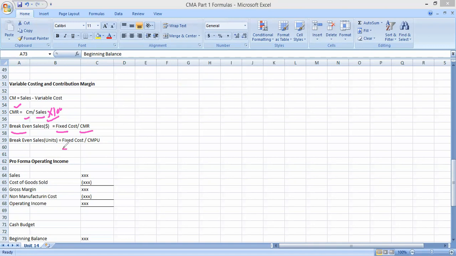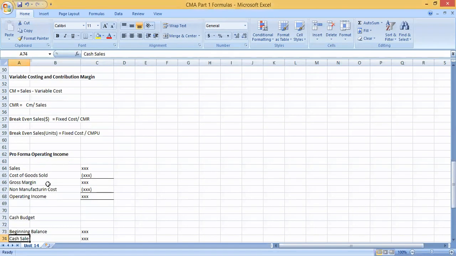And in units, fixed cost divided by contribution margin per unit. You know that break-even sales is the level of sales at which you are able to recover all kinds of cost, and the bottom line of the P&L, or the income statement, is reported as zero. We'll have more discussion about this topic in another video. Here we are just explaining the formulas.